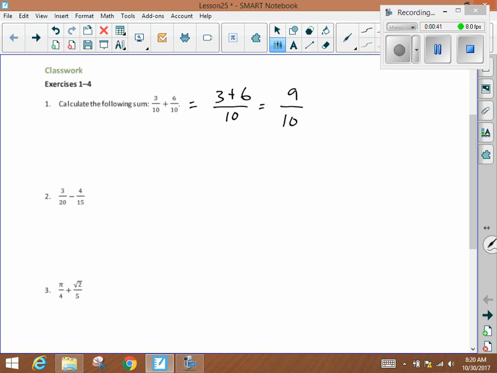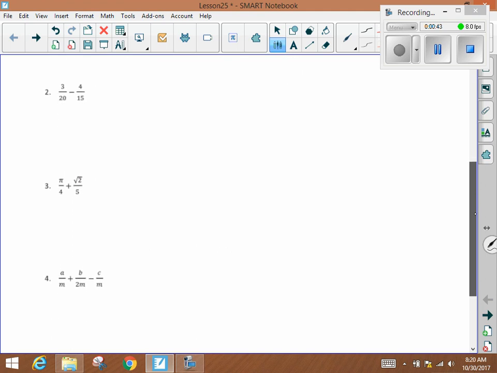So let's apply that idea to something even simpler right over here, such as number 2. What's our common denominator for number 2? So now we have to find one. It's the smallest number that's divisible by both 20 and 15. So not the smallest number that divides them, but the smallest number that's divisible by them, which is 60.